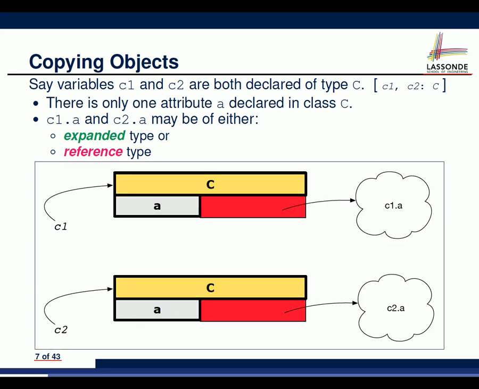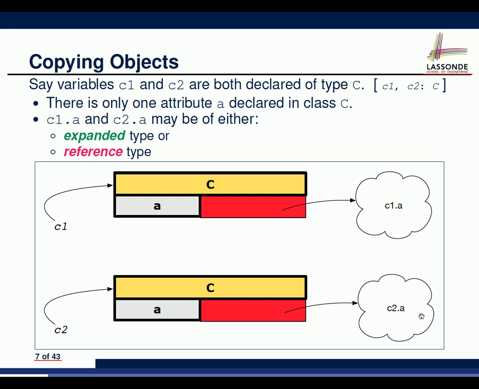So now let's look at this diagram. Let me go over that quickly, and then I will demonstrate how the different cases work. Let's say C1 over here is pointing to a C object, and A, which is an attribute, is pointing to some structure. I'll just put a cloud. It can be as complicated as you might like. And then C2 over here is pointing to just another C object, and C2.A is pointing to another cloud, another structure.